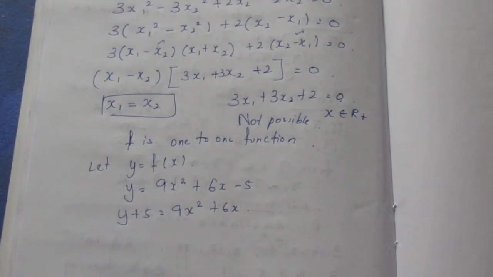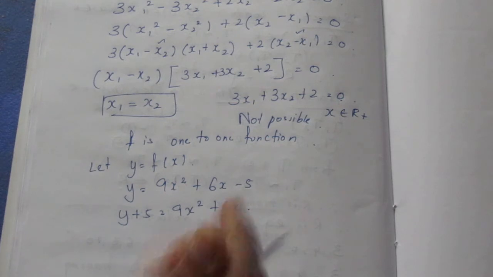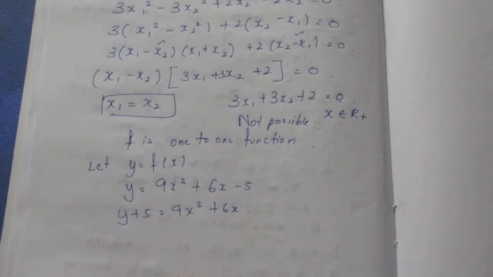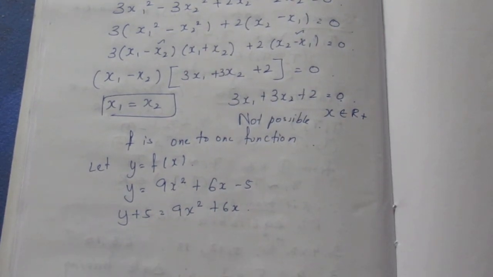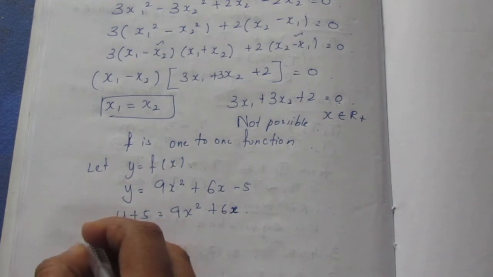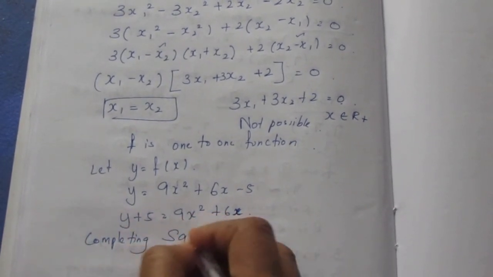Here we need to write this to be x is equal to something, but if there are an x square and an x term, we can't directly bring the x is equal to. For that reason, I am going to write this to be the whole square. For writing whole square, we are going to follow a method which we have done in 10th standard, that is completing square method.